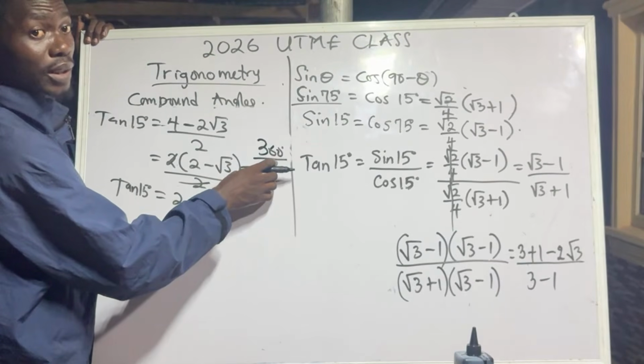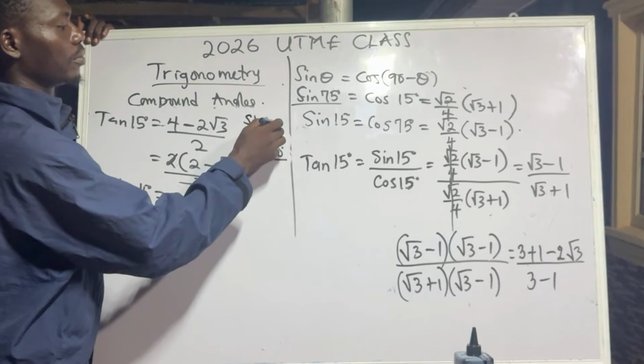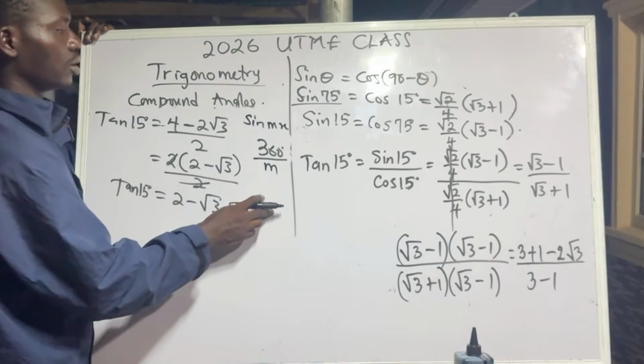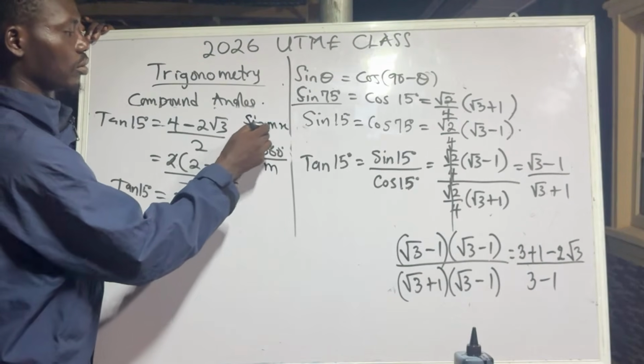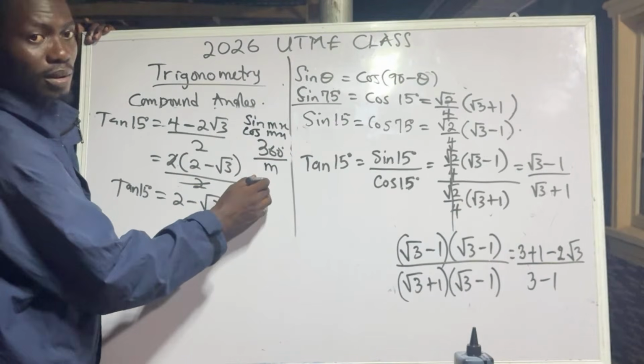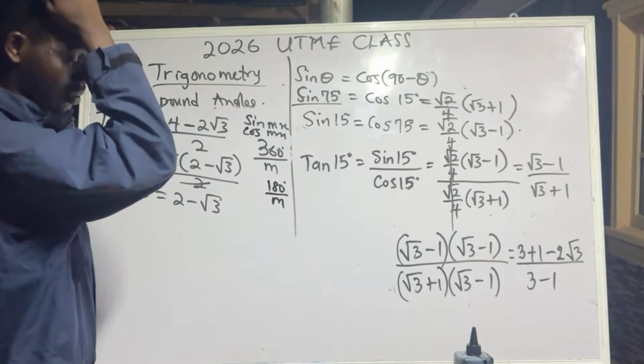The angle, the variable you have. If it is sine mx, it will be 360 over M. But if it is tan, it will not be 360. It is 180. I don't think I remember to tell you that.